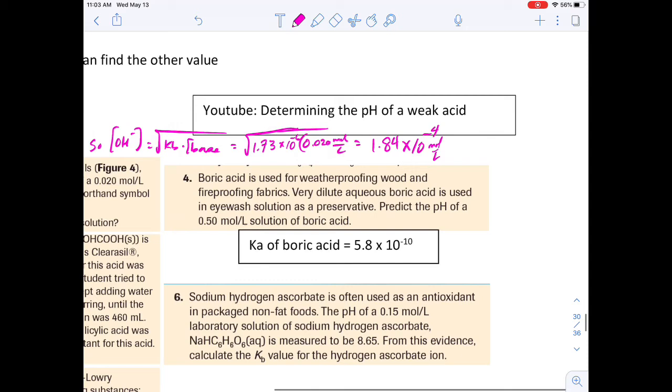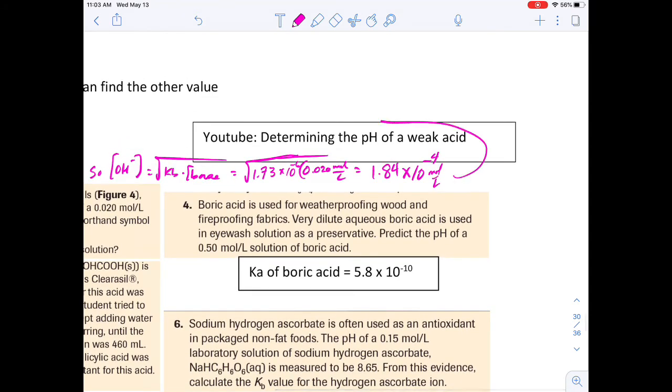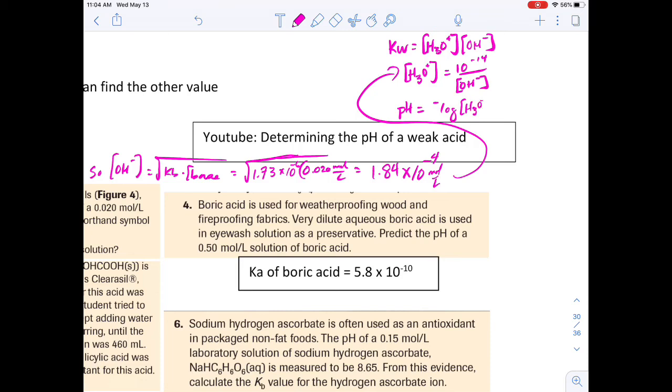So from that hydroxide ion concentration, I have a few different moves. My Kw equals the concentration of hydronium times hydroxide. So I could find the concentration of hydronium, taking 10 to the negative 14 divided by the hydroxide ion concentration, and then take the pH equals the negative log of the concentration of hydroniums.